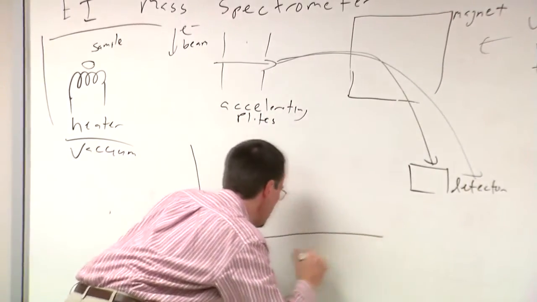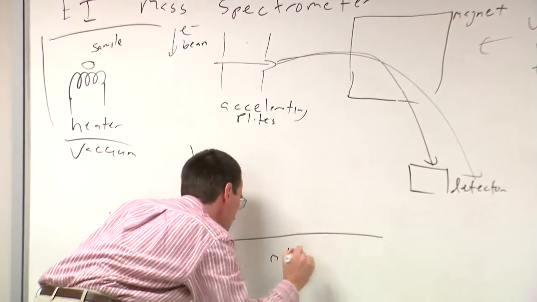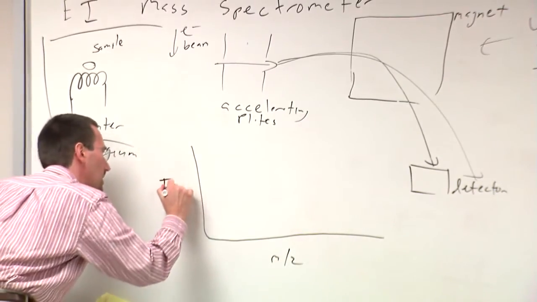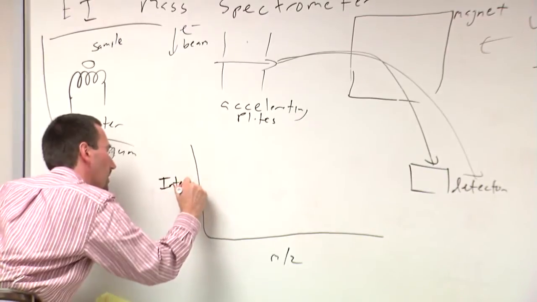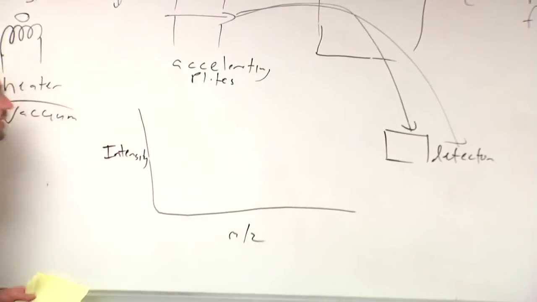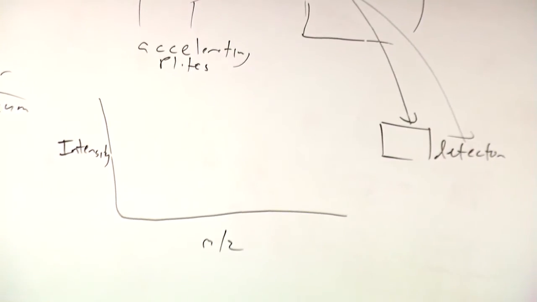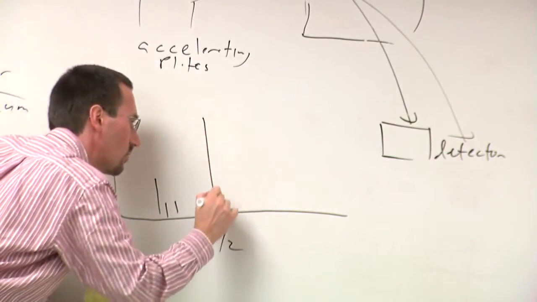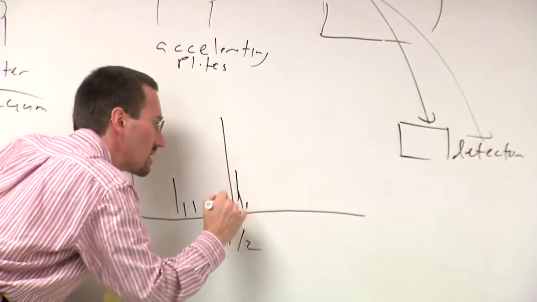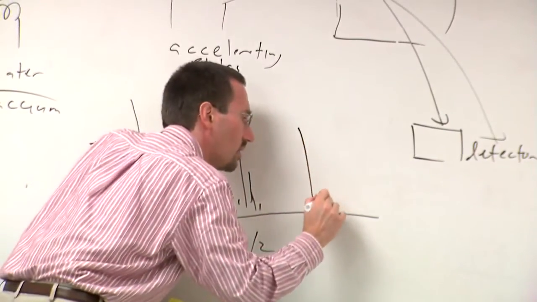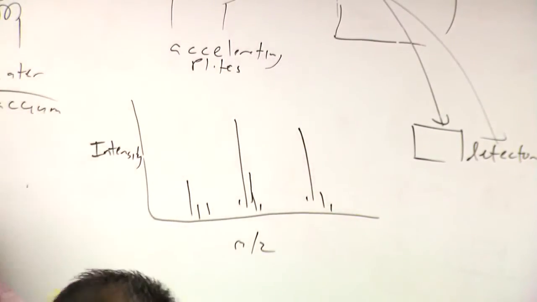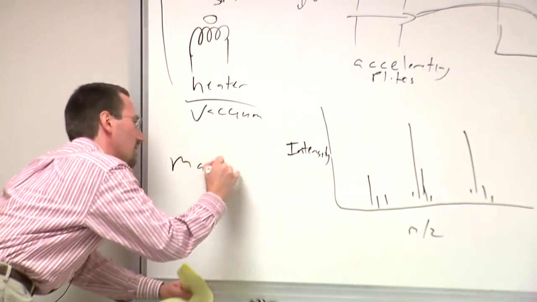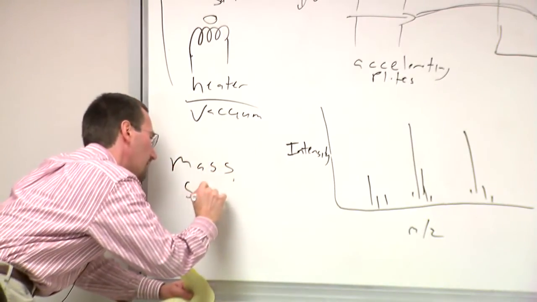So on the x-axis, you will see m over z, and on the y-axis, you'll see intensity of the current. And of course, you'll see some patterns associated with the molecule and with fragments and with isotopes that we'll talk more about in a moment. And this will be called a mass spectrum.